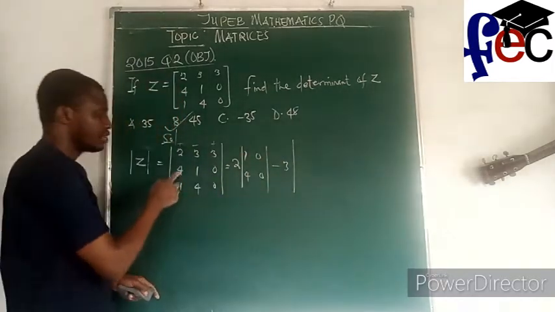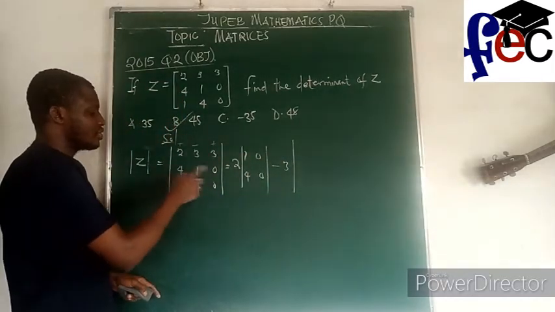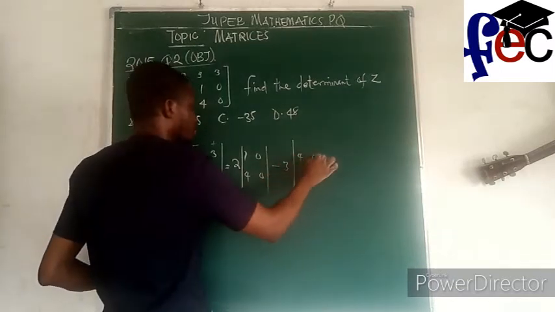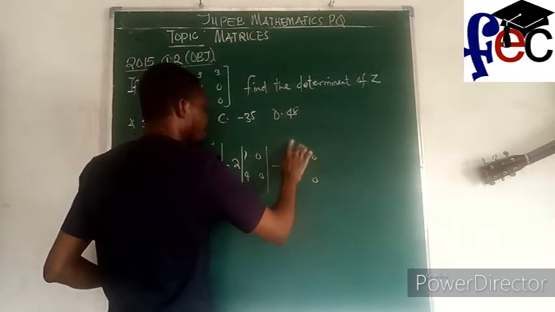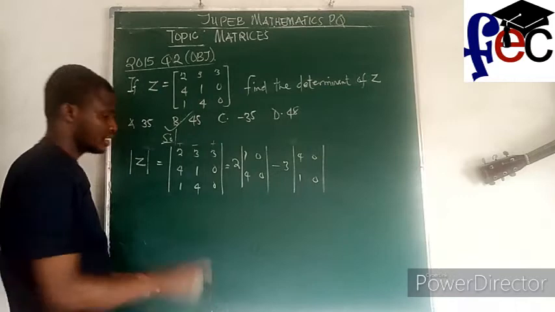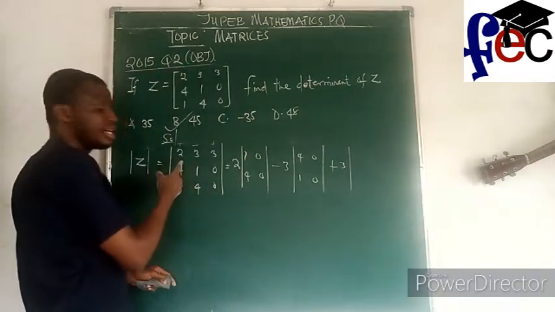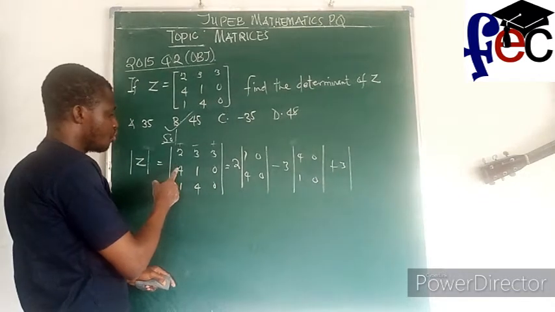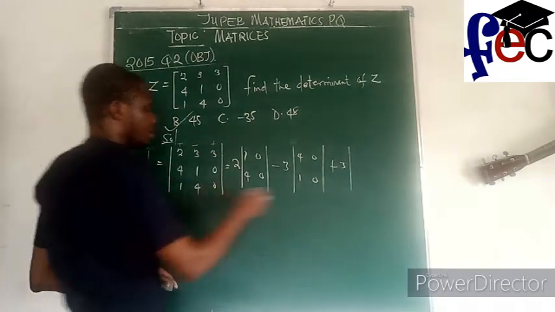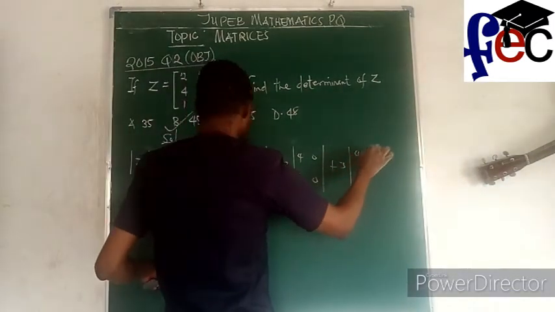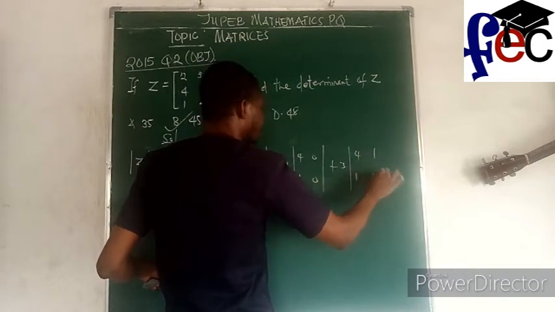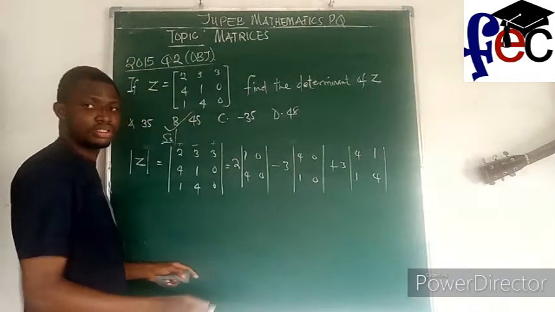The same way, close up the row, close up, what do you see? 4, 0, 1, 0. Alright, then the other one is plus 3. What do you have? Close up the row of 3. What do you see? 4, 1, 1, 4.